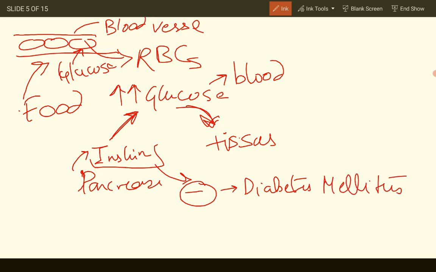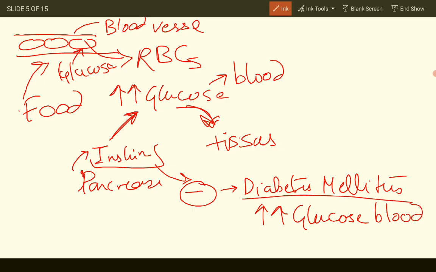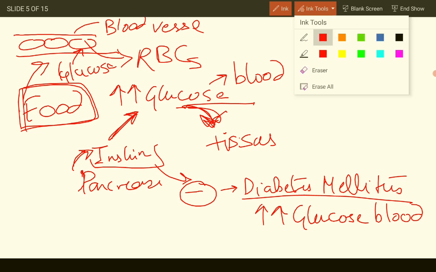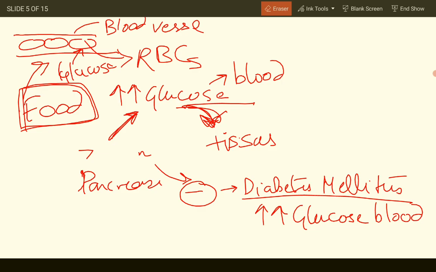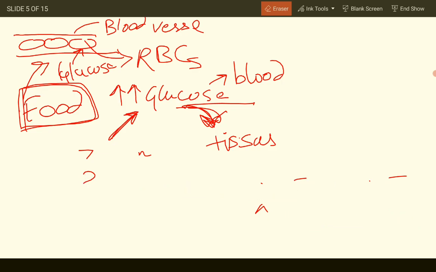In such patients, there is always a high level of glucose in blood. So insulin makes tissues take up glucose from blood, and it is produced when you have eaten food. Now there is another hormone with the opposite effect.